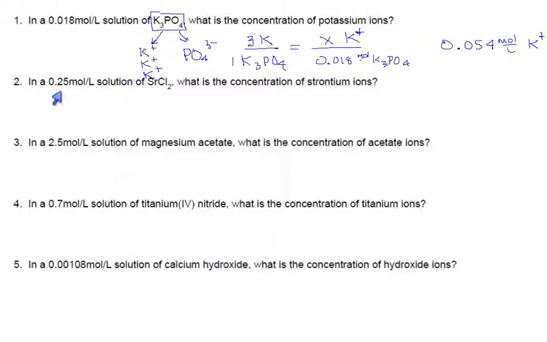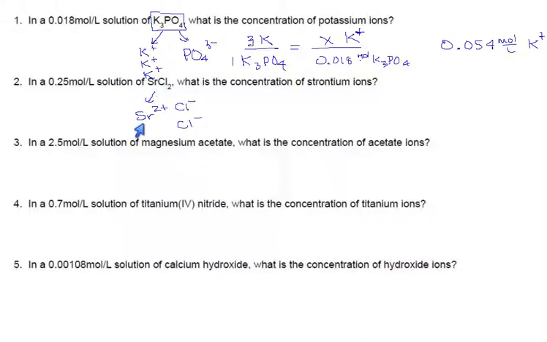Let's try that again. 0.25 mole per liter solution of strontium chloride. When this splits up, you get a single strontium ion, Sr2 plus, and you get 2 chloride ions. So for every 1 strontium chloride, you get 1 strontium.